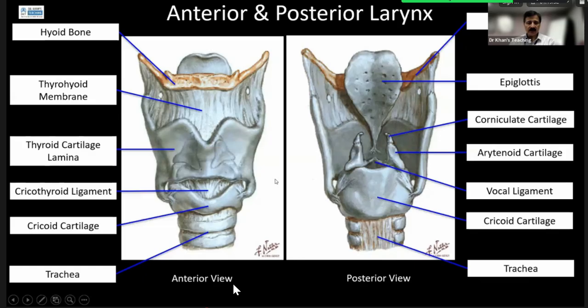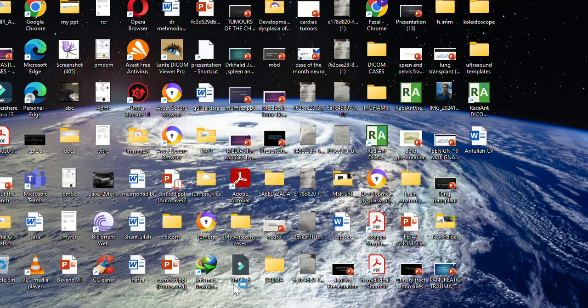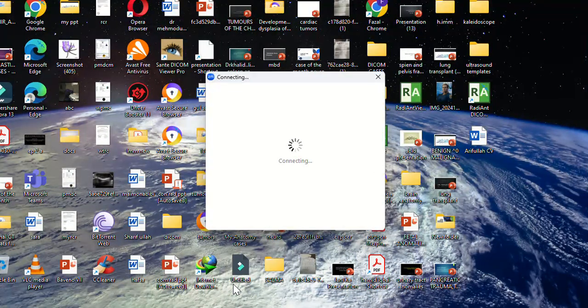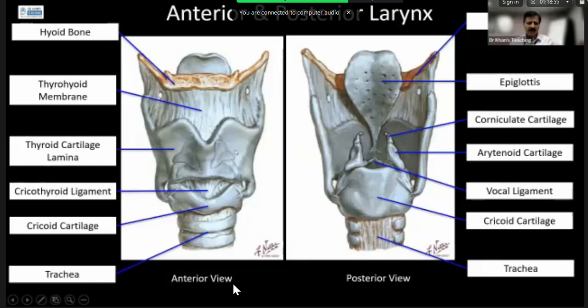Key thing is the laryngeal cartilages. The four cartilages which are... right lamina and the left lamina.